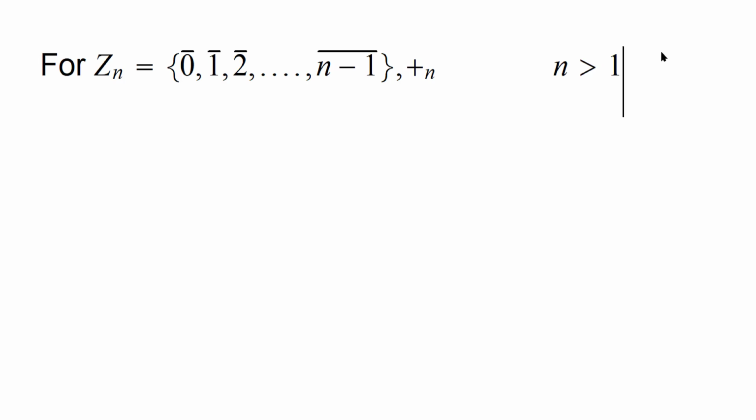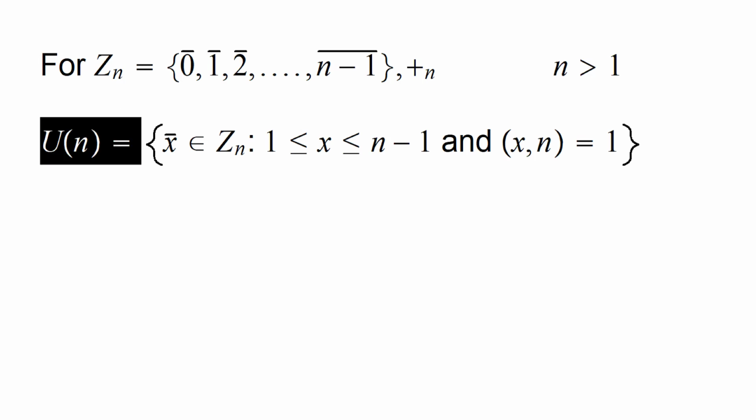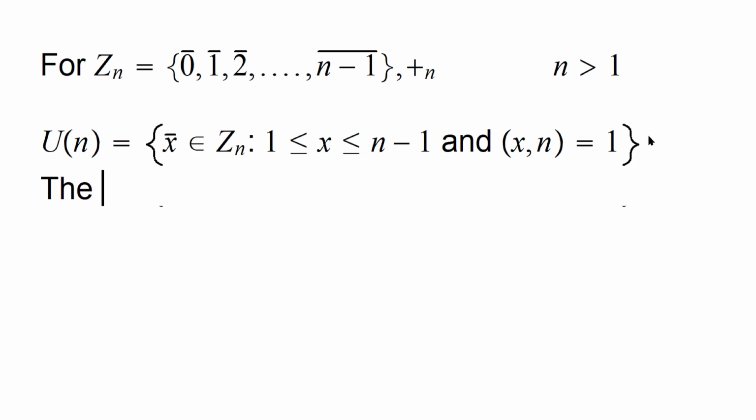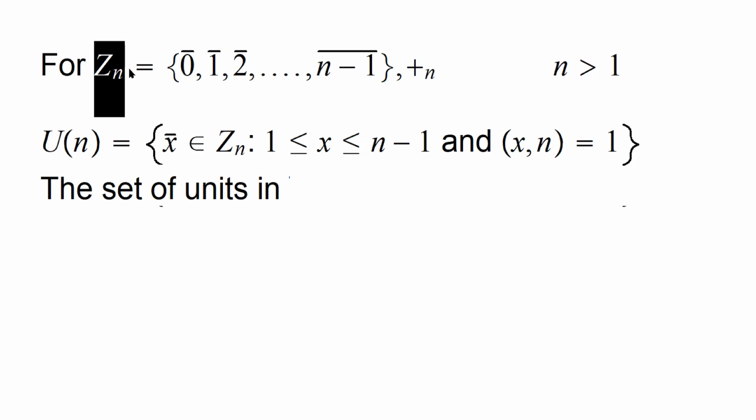Now the book did that earlier, we didn't define it: if we take Un to be those elements from here such that x and n are relatively prime, then we call that the set Un. You may call it the set of units in Zn.